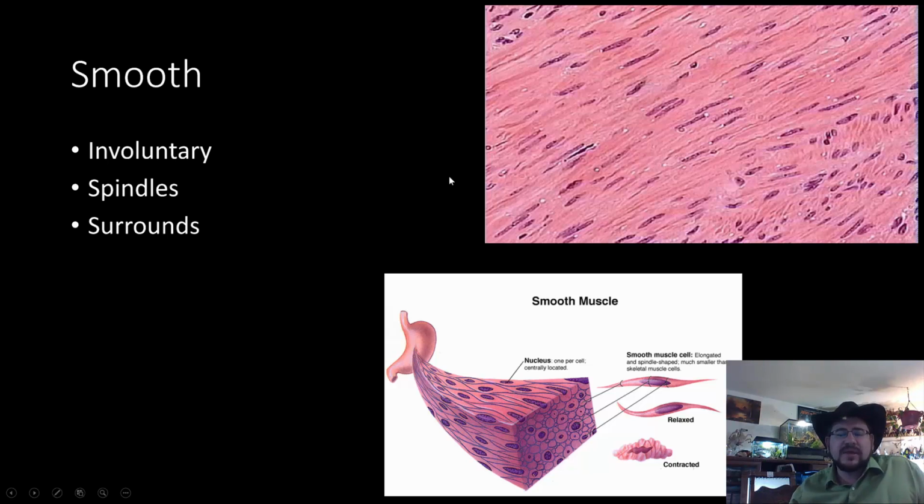And its whole job is to surround hollow organs. It surrounds the digestive organs. It surrounds your excretory organs, your organs that push stuff out. It even lines the walls of your blood vessels. And its whole job is to push substances.